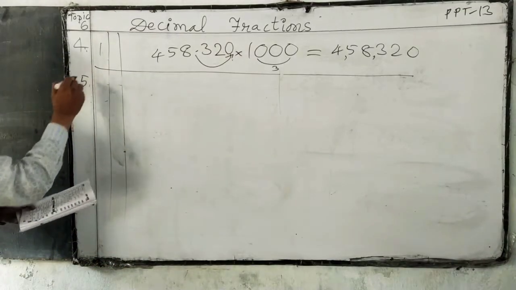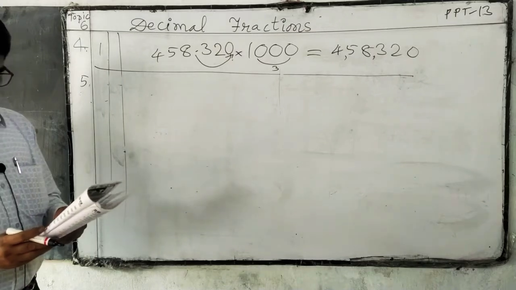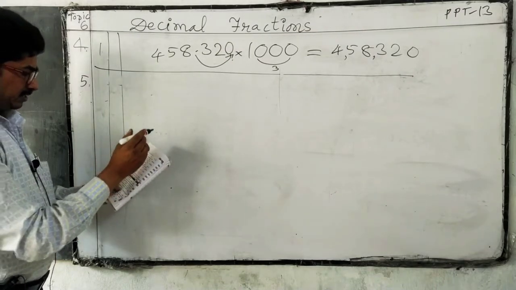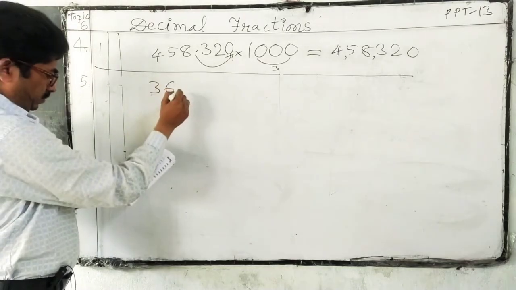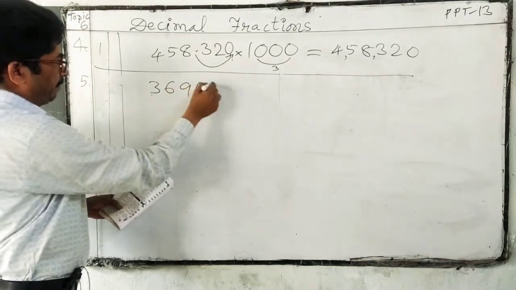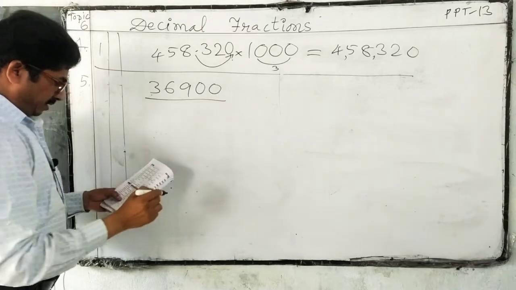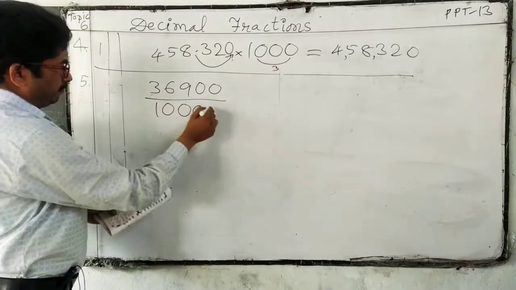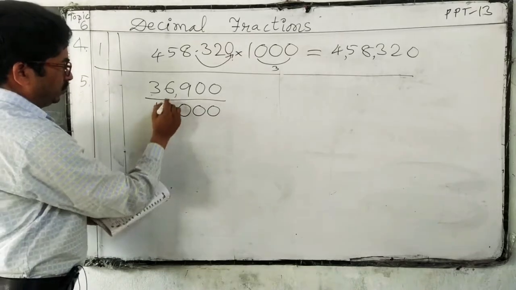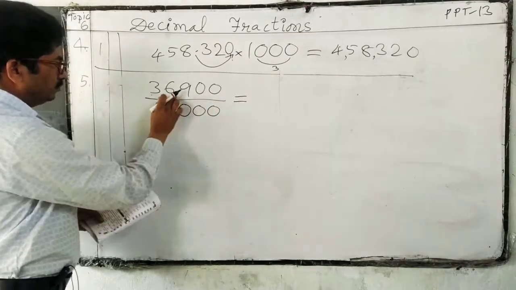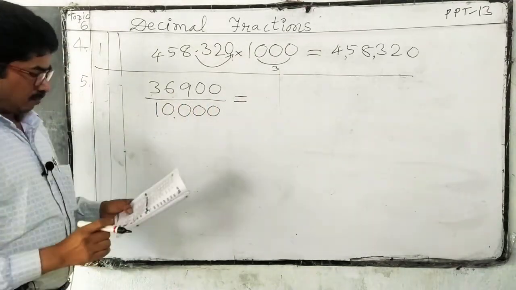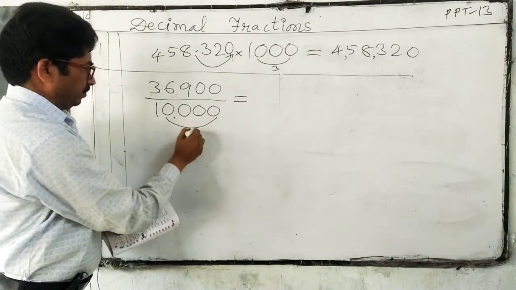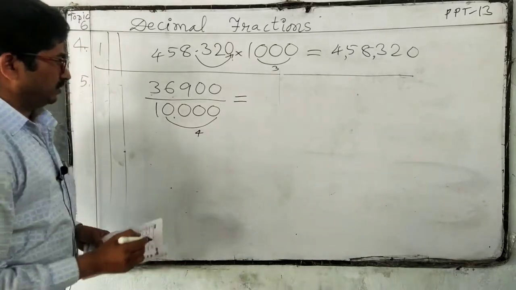Next, fifth problem. The decimal fraction of 36,900 by 10,000 is equal to. Divide by 10,000, it has 4 zeros.